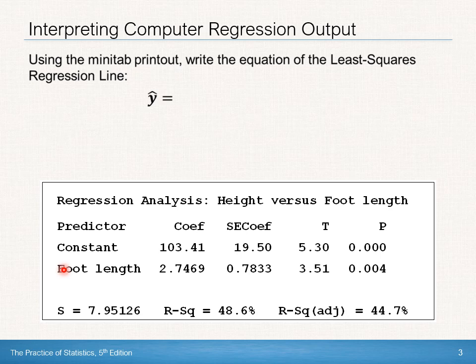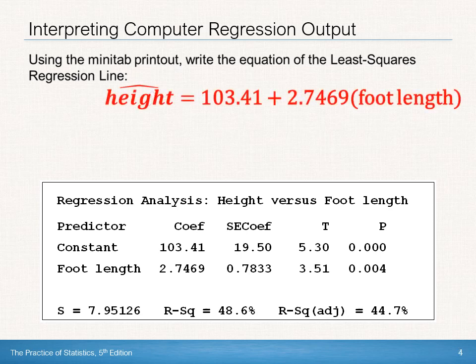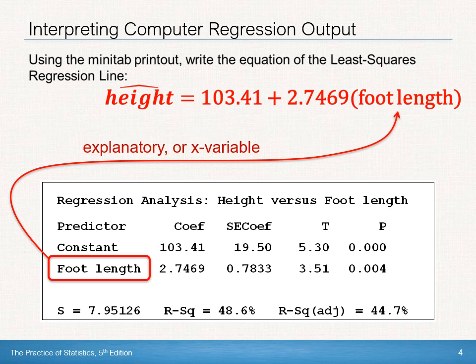Okay, so now having said that, using the Minitab printout, write the equation of the best fit or least squares regression line. So y hat equals what? Pause the video, write it out. All right, so instead of y hat, we might just think about using height hat, because height is the y variable, the response variable.